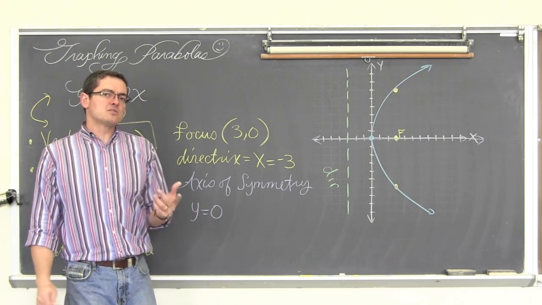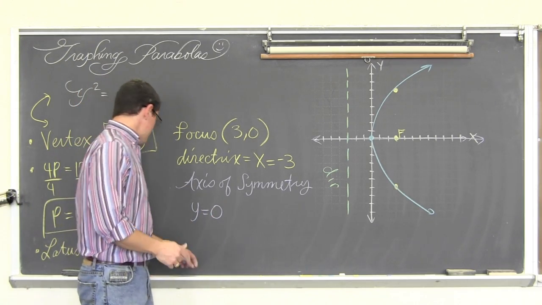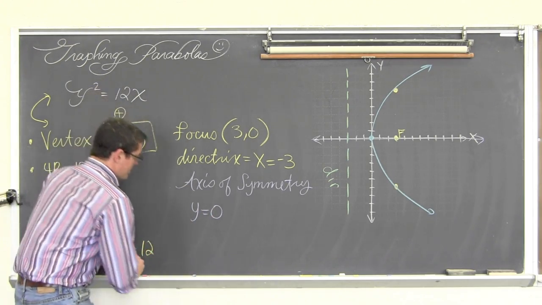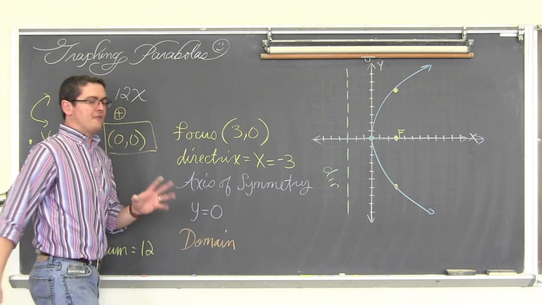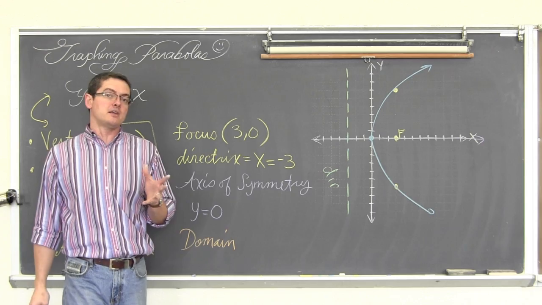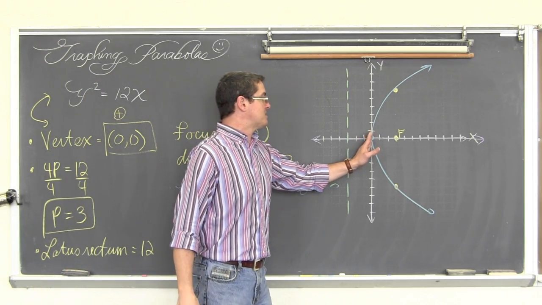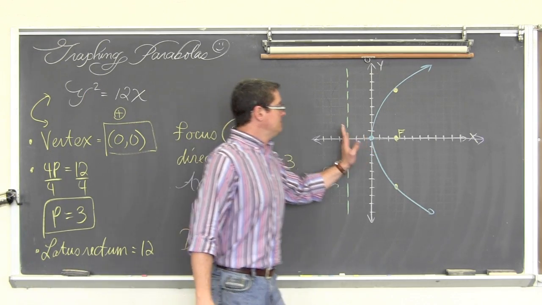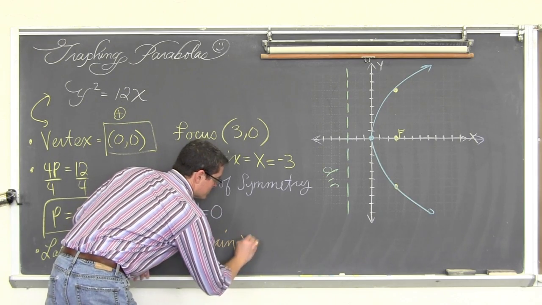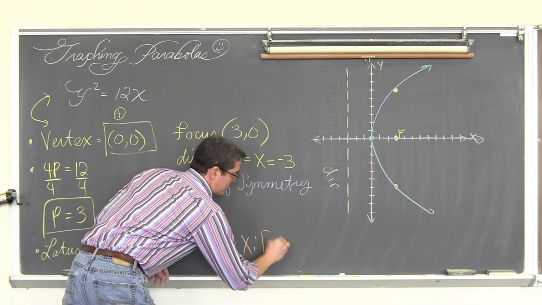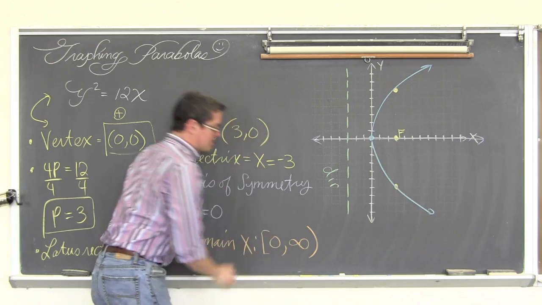And I haven't talked about domain and range in a while. So just for review purposes, the domain of a graph is all the x values that it uses. This graph starts at 0 and includes 0 and goes to the right forever. So your domain is your x values starting at 0 and going to the right forever.